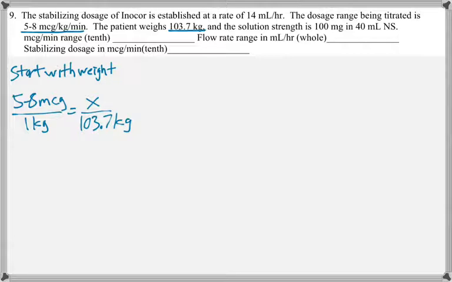So I'm going to take 103.7 times 5 and 103.7 times 8, and we get 518.5 to 829.6 micrograms per minute.